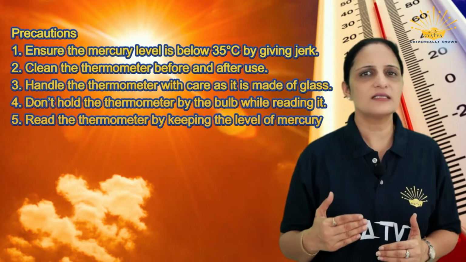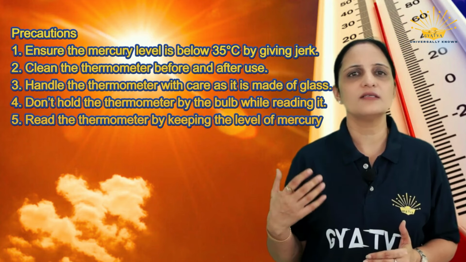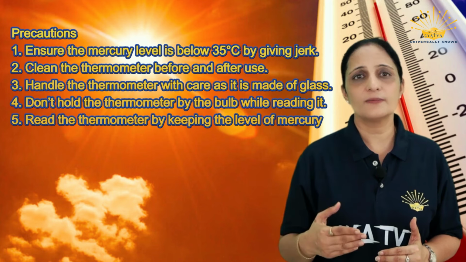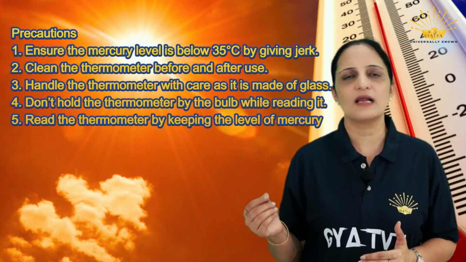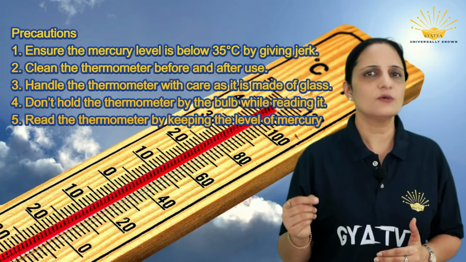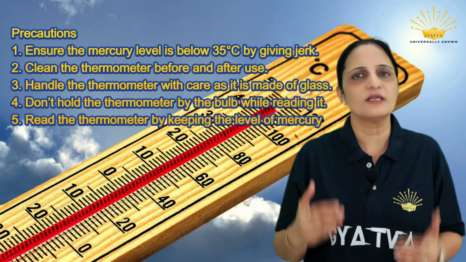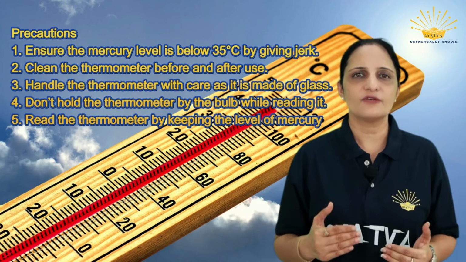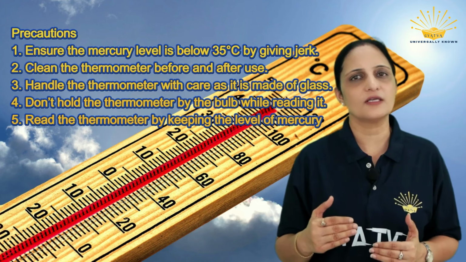Second, clean the thermometer before and after use, or sterilize it before and after use. Third, handle the thermometer with care as it is made of glass. Fourth, don't hold the thermometer by the bulb while reading it, because it will not give you the correct reading of your body temperature. Fifth, read the thermometer by keeping the level of mercury.